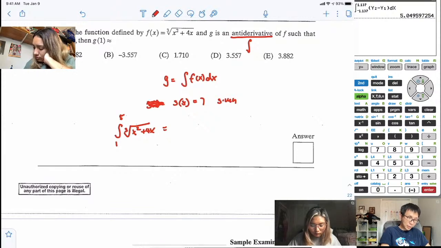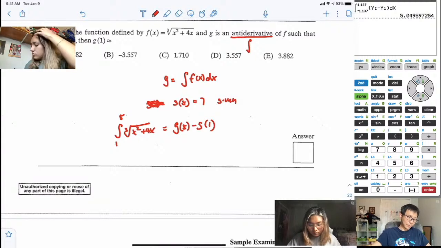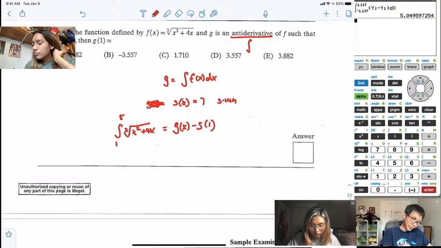If I integrate the f, it's going to give me g of 5 minus g of 1. Let's see if that makes sense to you.